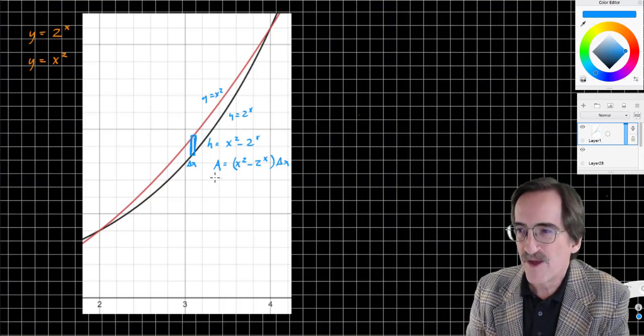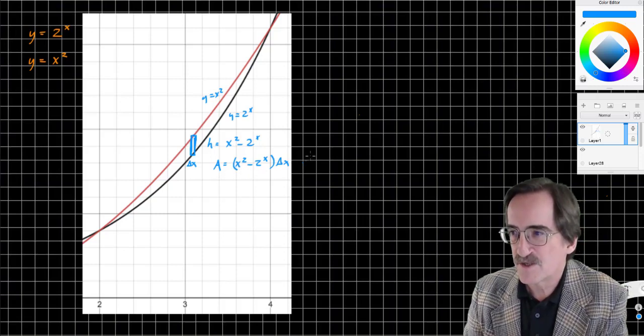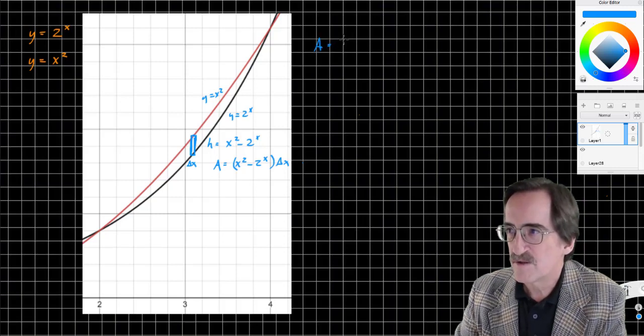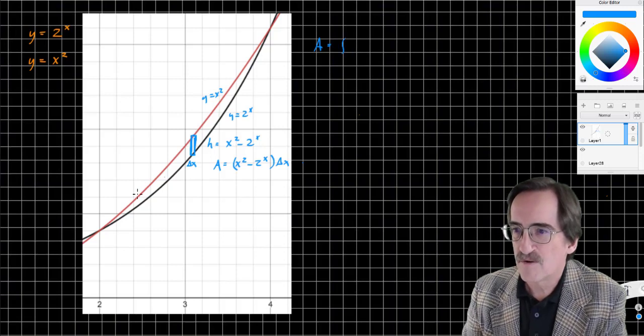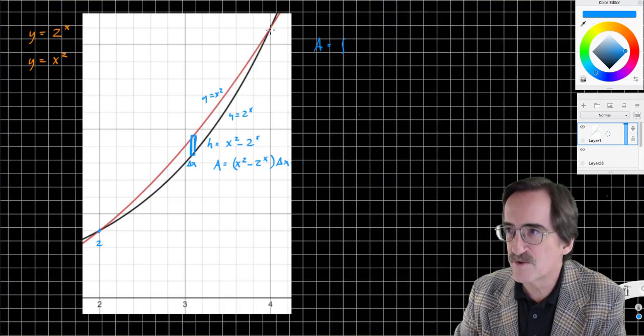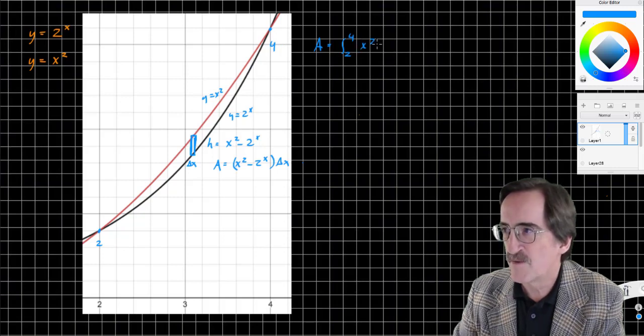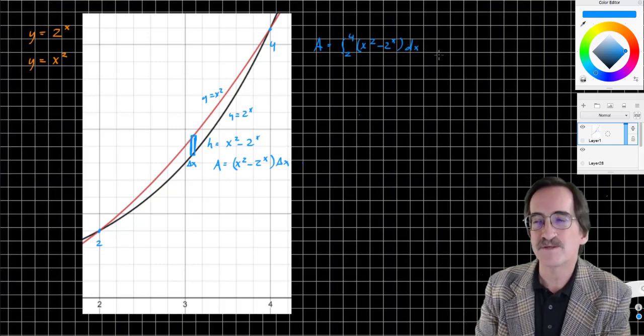That is the very definition of an integral. So the total area is going to be the integral from 2 to 4 of x squared minus 2 to the x dx, replacing delta x with the differential dx.